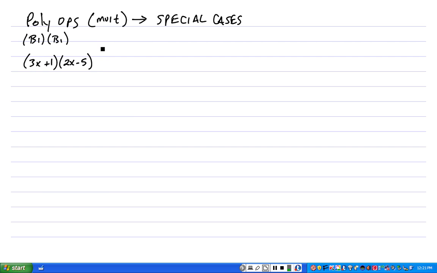we would get this by saying 3x times the 2x minus 5, and then plus 1 times the 2x minus 5, getting 6x squared minus 15x plus 2x minus 5, 6x squared minus 13x minus 5 being the answer.